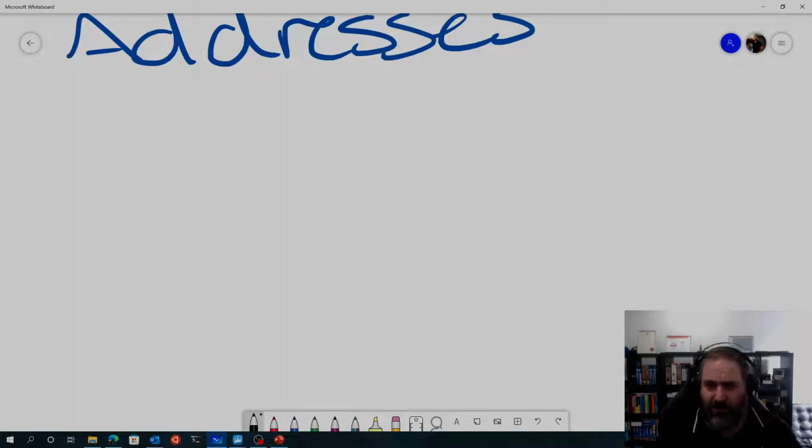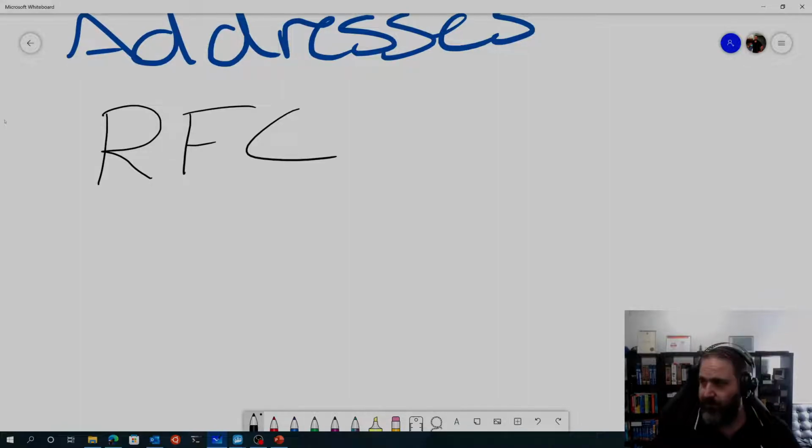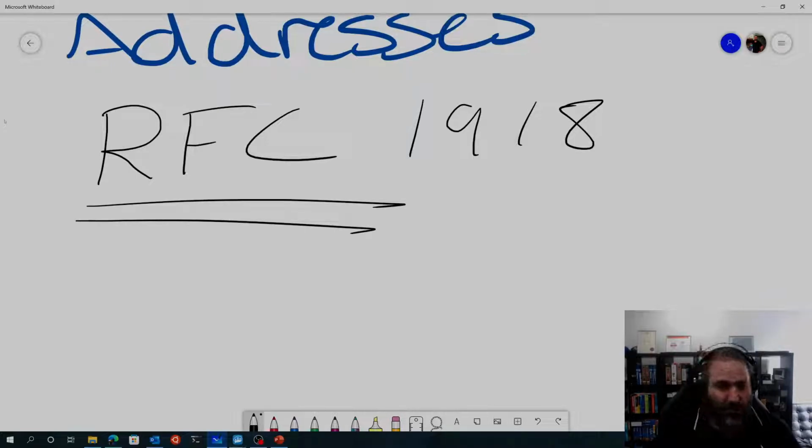An organization got together and created the RFC 1918 protocol, or you can Google this. It's the most popular RFC, request for comments. I've only looked at them. I've never read one. I prefer to read textbooks and learn from instructors instead of going to these documents, because they're not that beautiful.